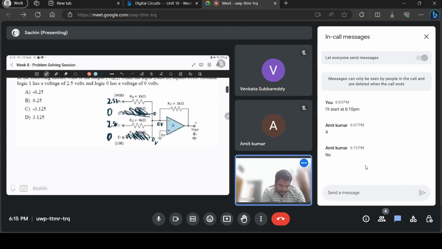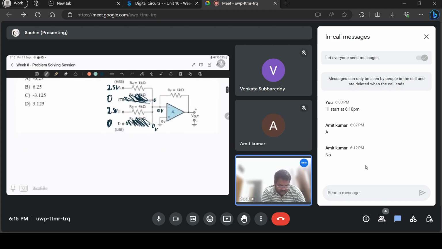Now the circuit, if you remove all the extra elements that are not useful for us, will reduce to this. This is connected to 2.5 volts. This is at 0 volts.